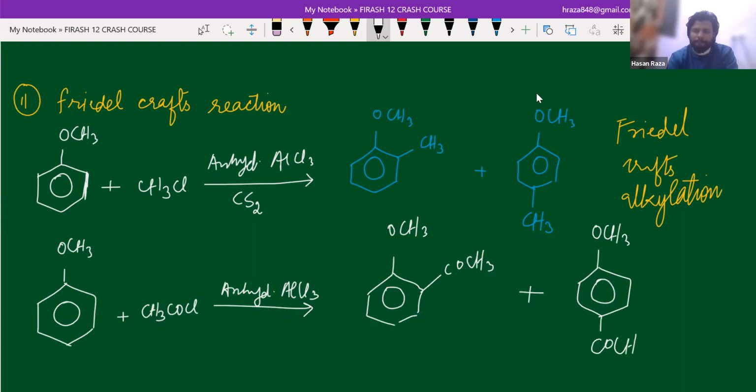And this is known as Friedel-Crafts acylation.